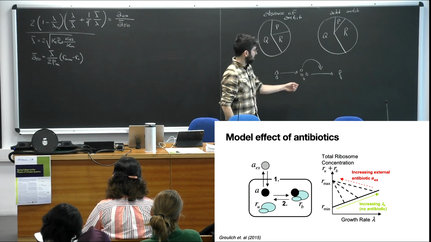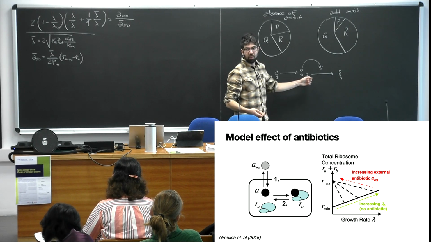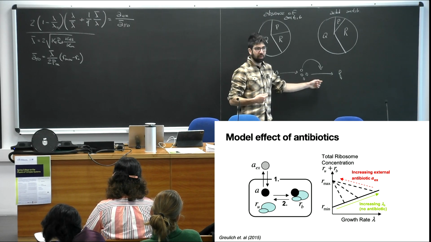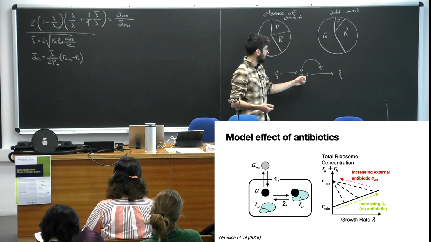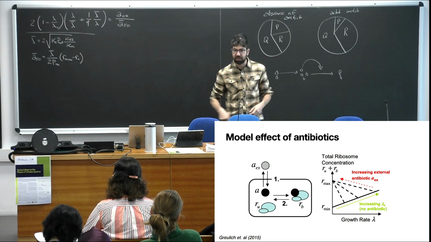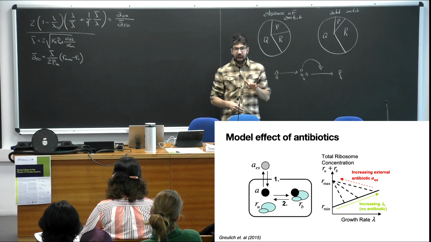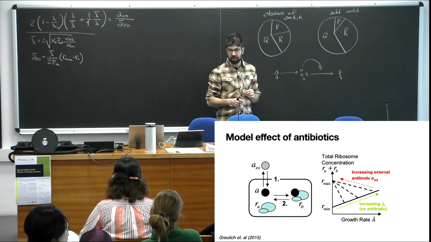So the more things you have here, in the example, the more fish you have accumulated, the more you want to produce ribosomes, so the more people you want to process them. So if you make this more slowly, you're going to have an accumulation of these amino acids, of these building blocks. And so what a cell does is produce more ribosomes as a response, until you have the two fluxes balanced.